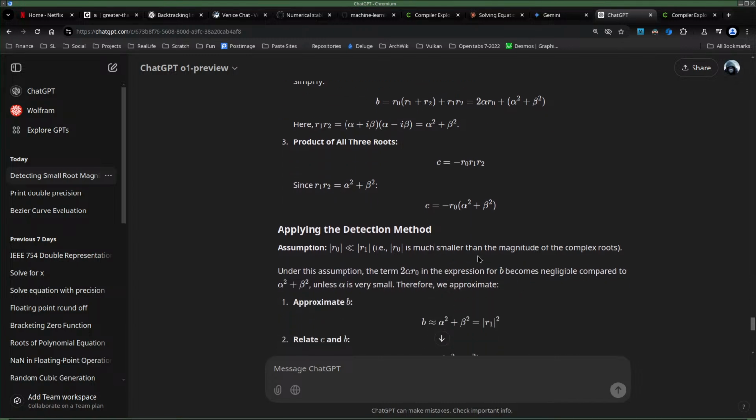Applying the detection method. Assumption: R0 is much smaller than the rest. Under this assumption, the term 2 alpha R0 in the expression for B becomes negligible compared to alpha squared plus beta squared. Oh?